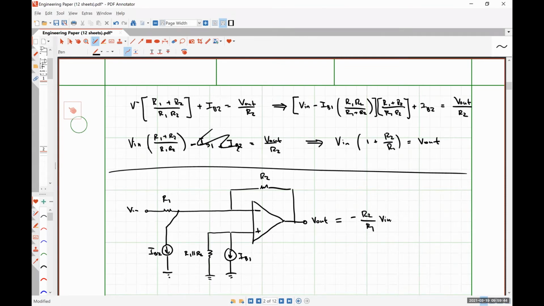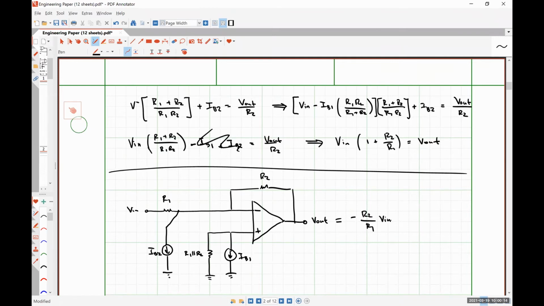So this should be applicable in some shape or form to inverting summing amplifiers, because those are just inverting amplifiers with multiple inputs. We should also be able to do this with an integrator, which is what we're going to talk about next, because we'll see that the input bias current causes our output signal to swing towards the supply rails over time if we don't do it.